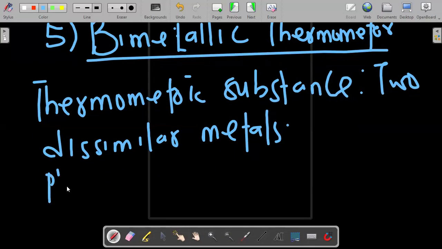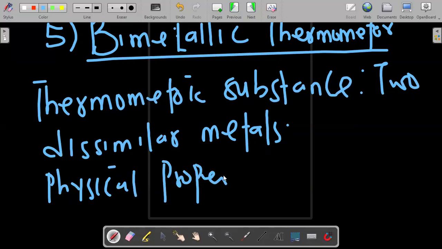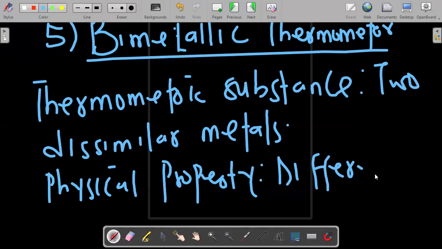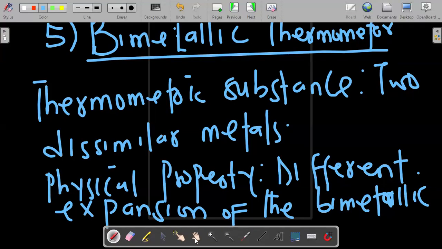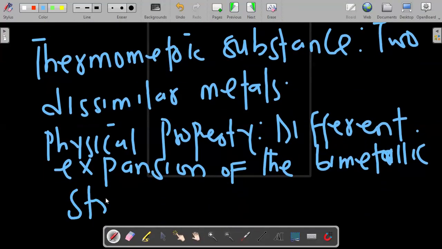The physical property of it is different expansion, just as I explained: different expansion of the bimetallic strip. So these are the types of thermometer that we have.